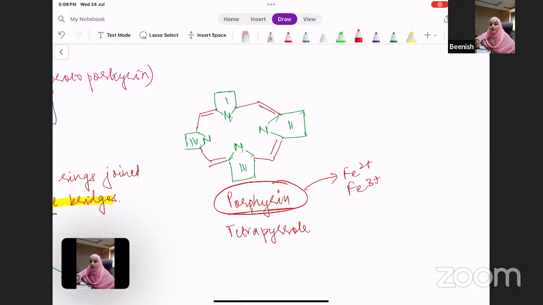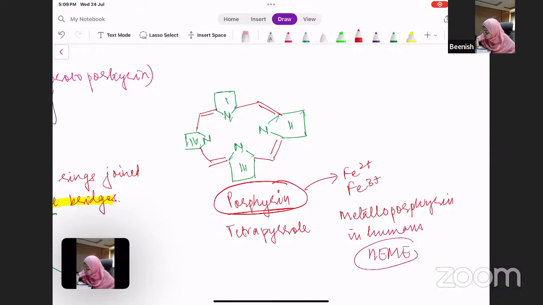And the most prevalent metalloporphyrin in humans is heme. So to the center of this protoporphyrin ring, an iron is coordinated, and you end up with heme.